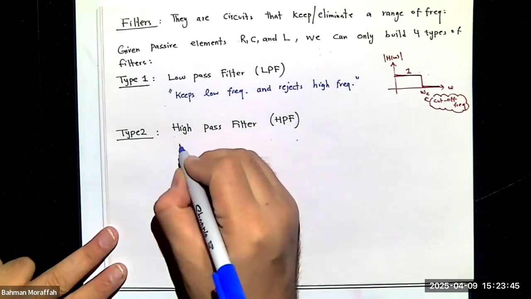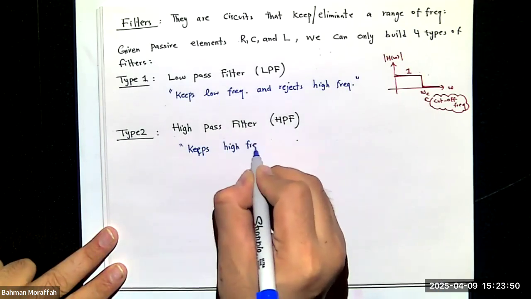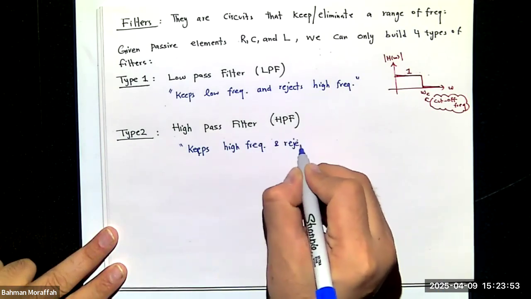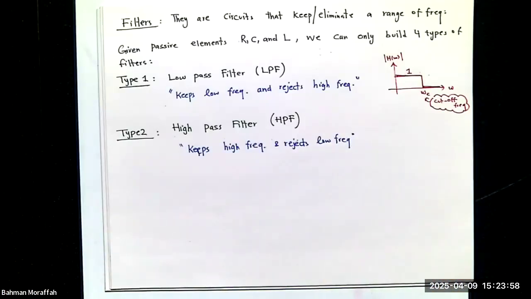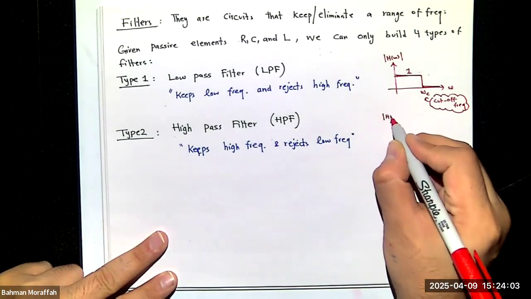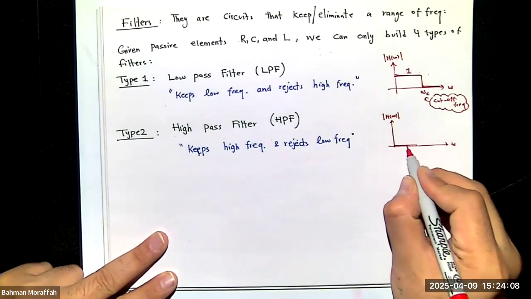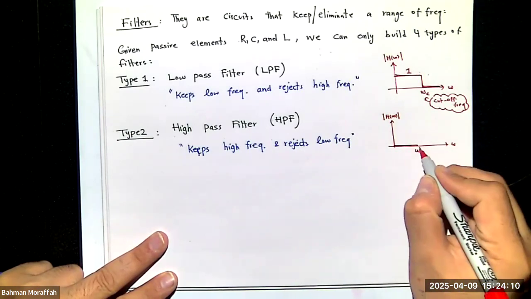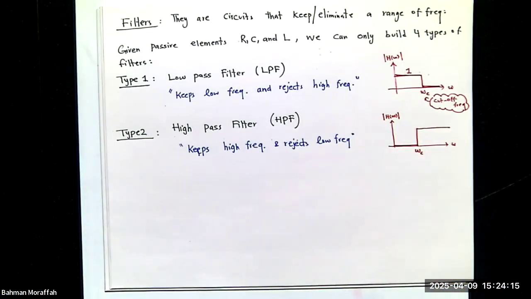So it keeps high frequencies and rejects low frequencies. If I want to draw it, I'm going to draw the magnitude of it. The magnitude is such that for all frequencies less than this omega c, we should reject, and keep all the frequencies that are greater than this omega c. The value here is 1. Right?